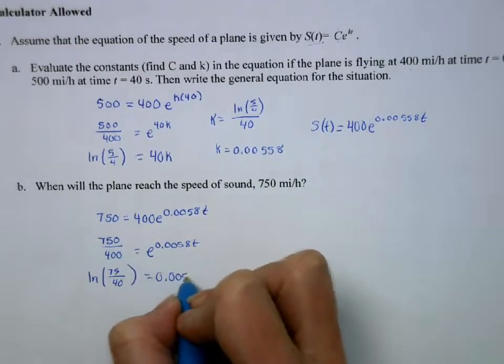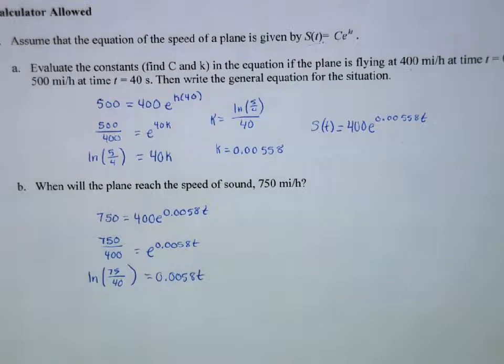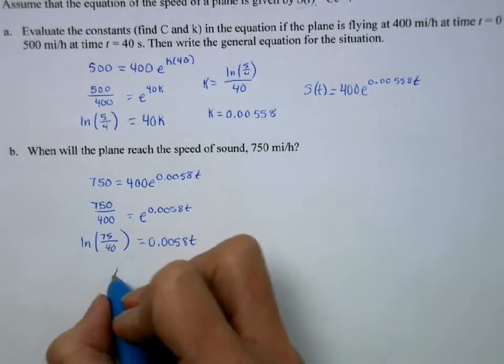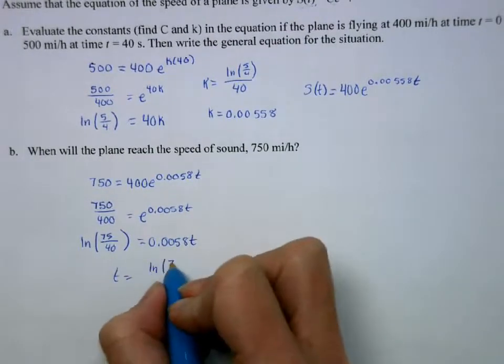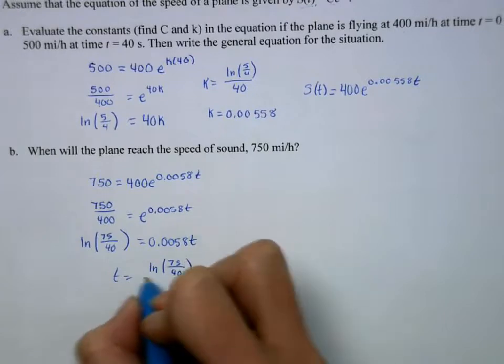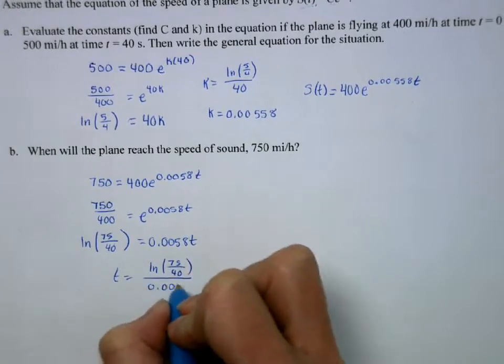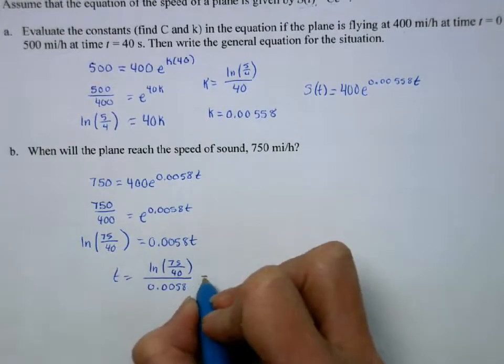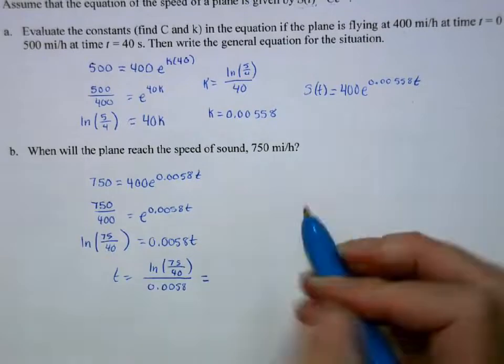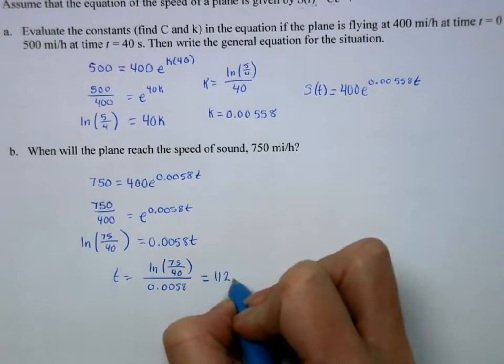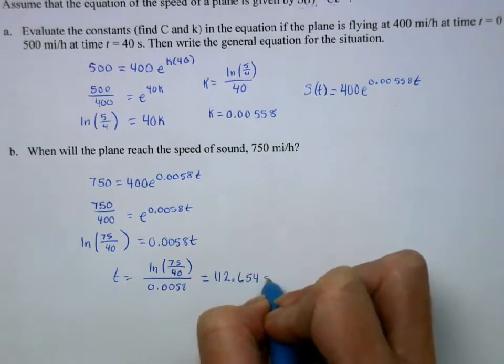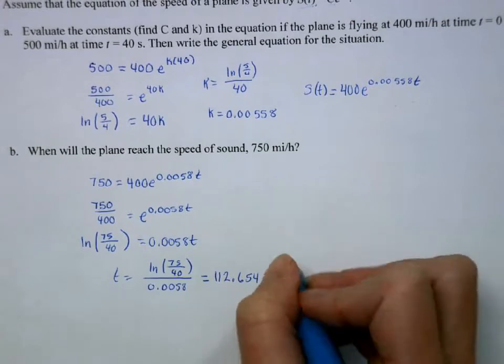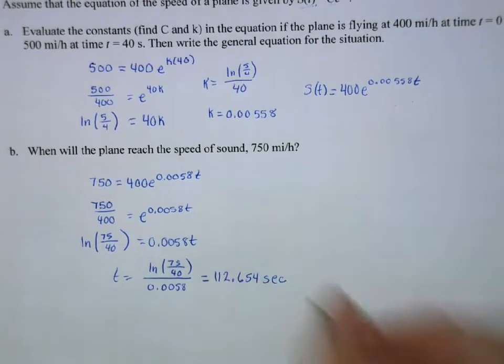So t is going to be the natural log of 75 over 40 over 0.00558, which if you type that into the calculator gives you 112.654 seconds. So these are the 6 questions that you can expect on your free response.